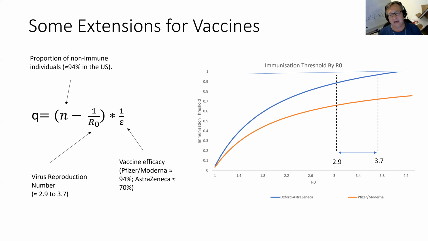And so the N thing is going to be the proportion of non-immune individuals. Okay, so instead of assuming that everybody was susceptible at the beginning of this thing, we're going to assume that some people were vaccinated, and so not everybody was susceptible. But we're going to assume that the efficacy of these vaccines is not 100%.